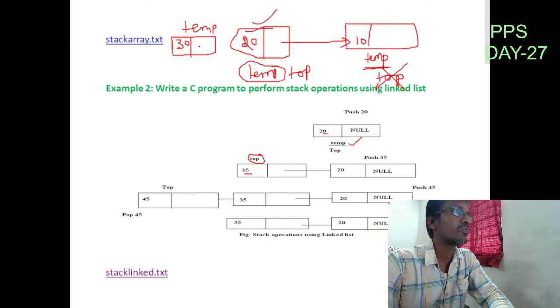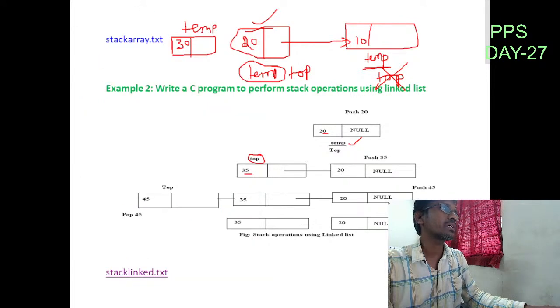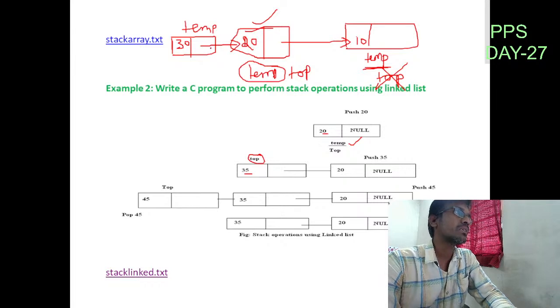Now if you want to connect from this node to this node, temp points to next is equal to top. This is the temp node, next equal to top, this is the top. That means the address of the second node is stored into the next field. If you know the address of the next node, then it will point from the third node to the second node. Now after that, what do you have to do?